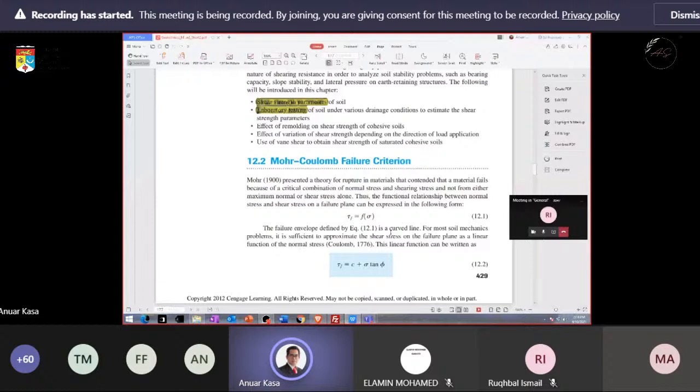If the soil moves vertically too much, then the structure will have problems. That we don't want. That is the reason we do the calculation for shear stress, using equation 12.2. So the idea is about the shear strength.